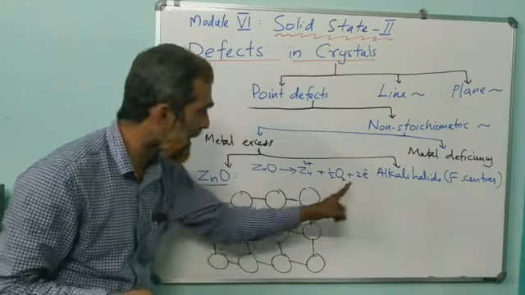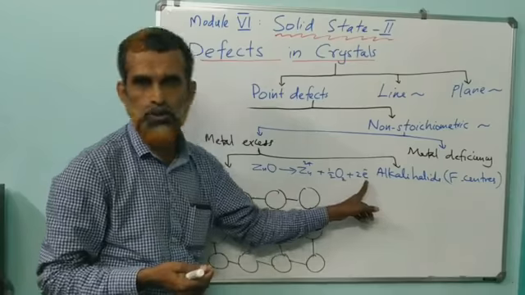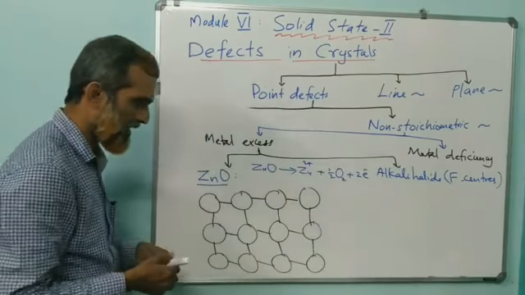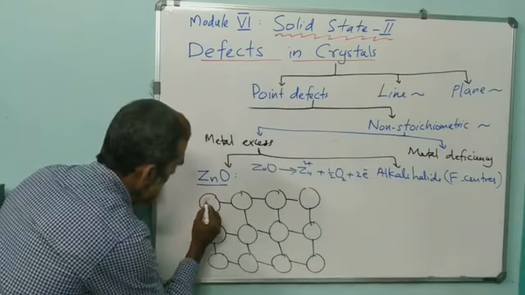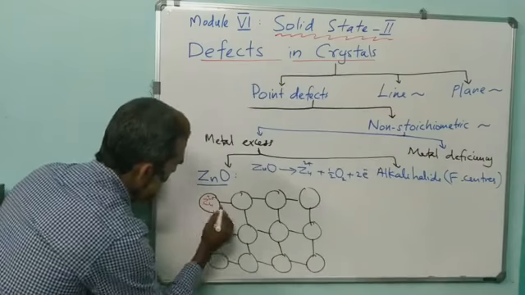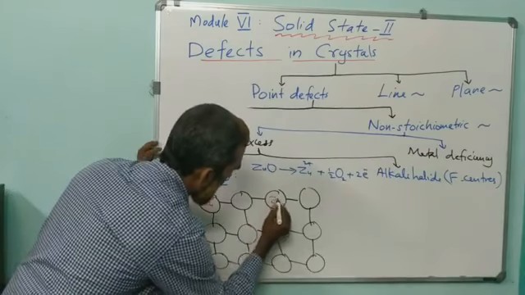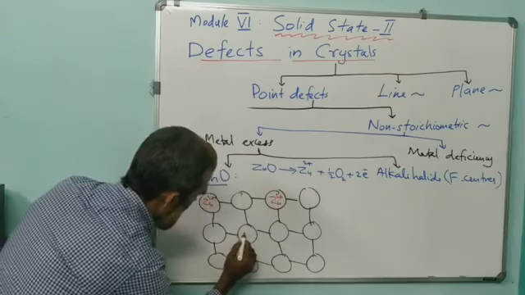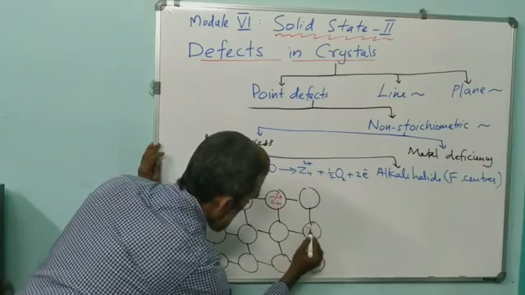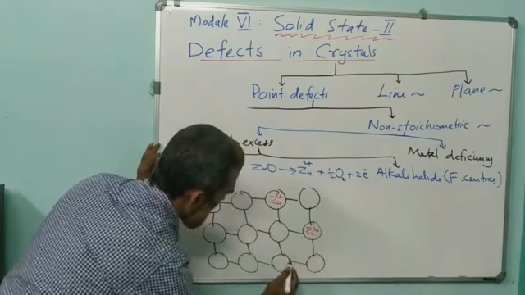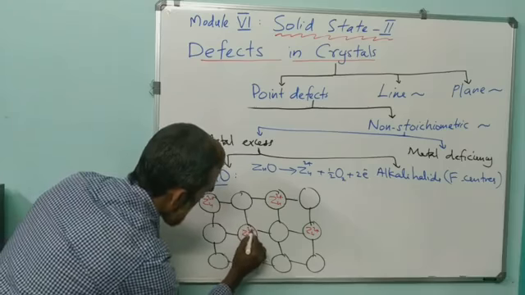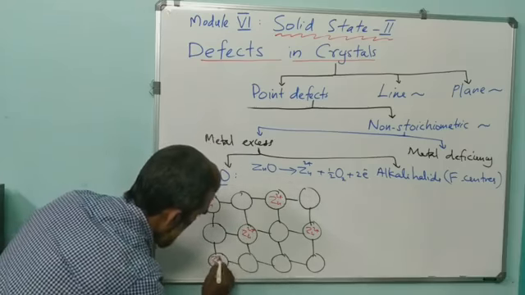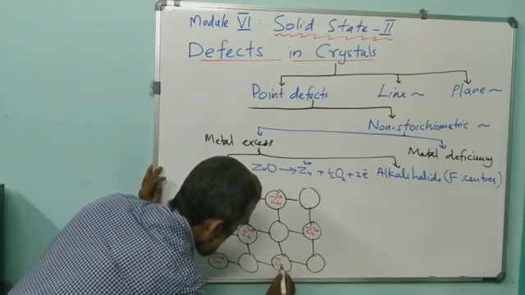Zinc will be in excess, and also electrons will be there too for electrical neutrality. So we can now show the ions, Zn2+ and O2- coming alternatively.